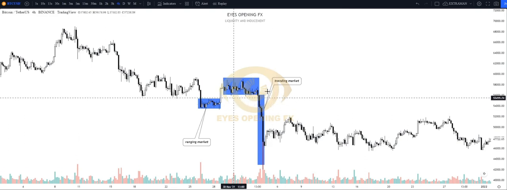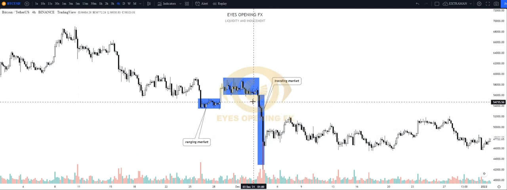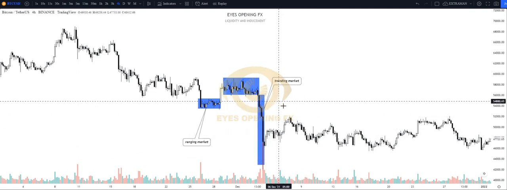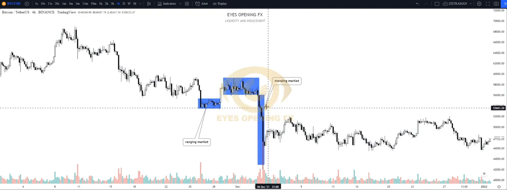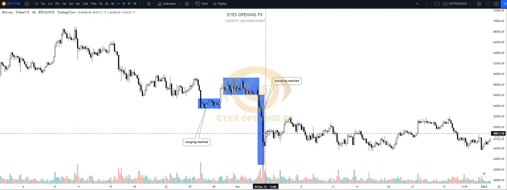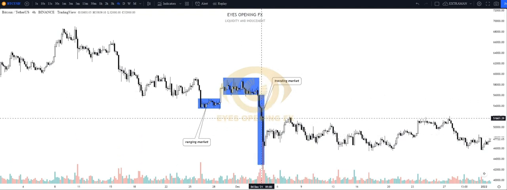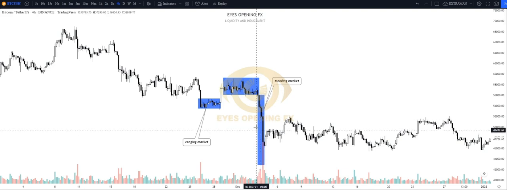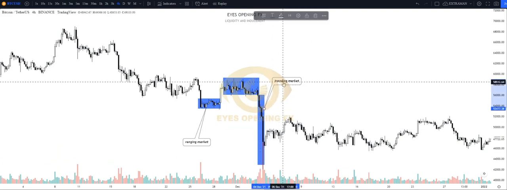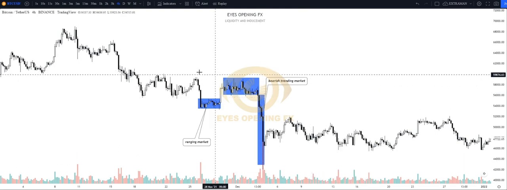It's either selling in that trending area or buying. So here you can automatically see that it's selling. So this is a bearish trending market.